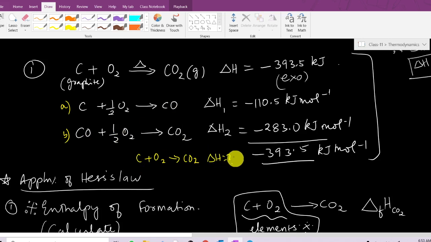As I told you, Hess's law of constant heat summation states this for when the reaction takes place in more than one step. I want CO2, but I get it in 2 steps. Then how do I measure the enthalpy change associated with this reaction? I add up the enthalpies of these 2 to get the final enthalpy.